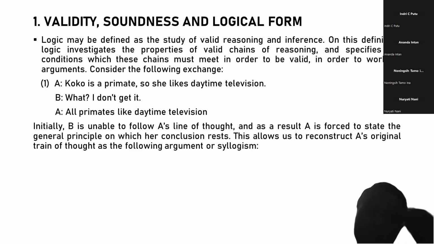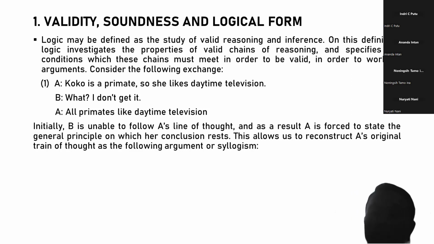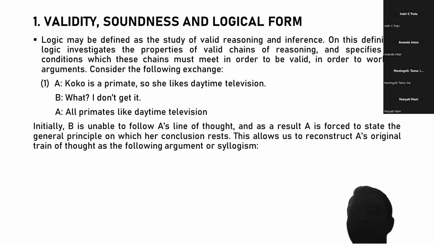So the example given in 1 is a kind of syllogism. Coco is a primate, so she likes daytime television, says A. And B says, what? I don't get it. So the syllogism will be: all primates like daytime television.